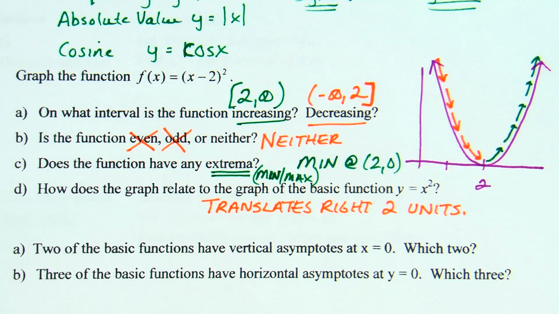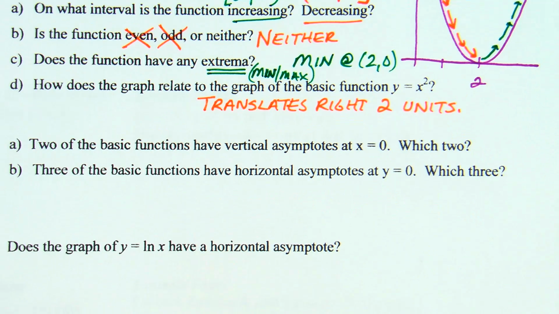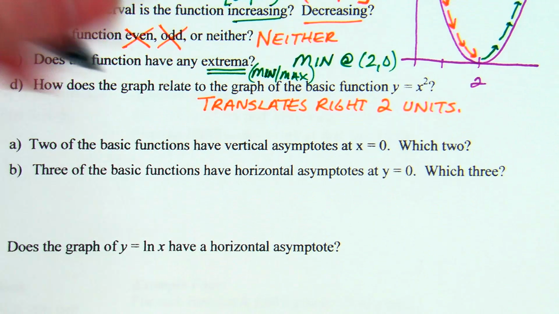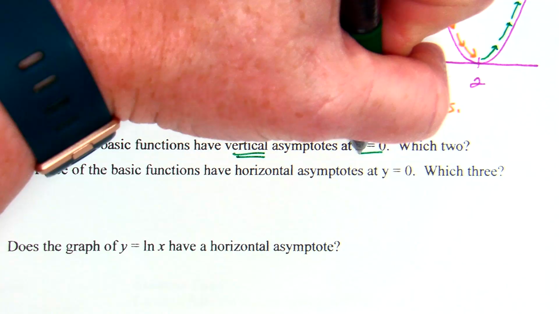You guys want to talk about asymptotes real quick? Let's talk about asymptotes real quick. So A, 2 of the basic functions, so notice it says 2 of them, have vertical asymptotes at x equals 0.